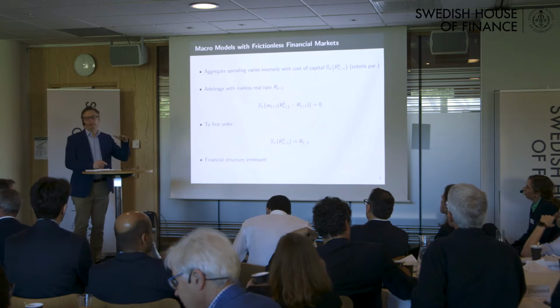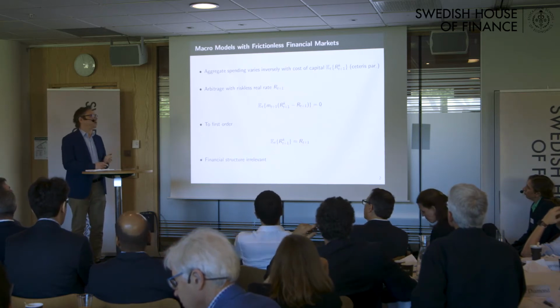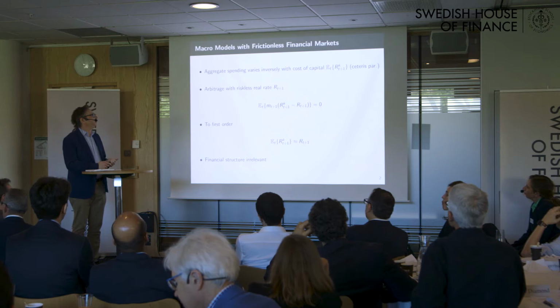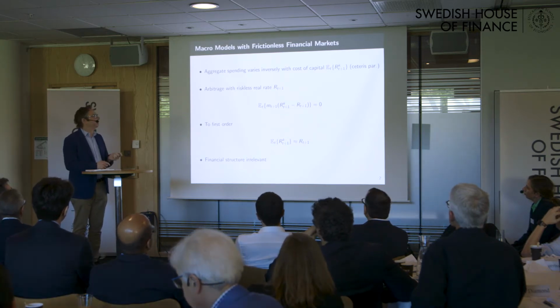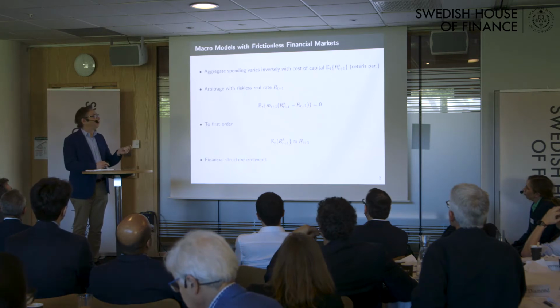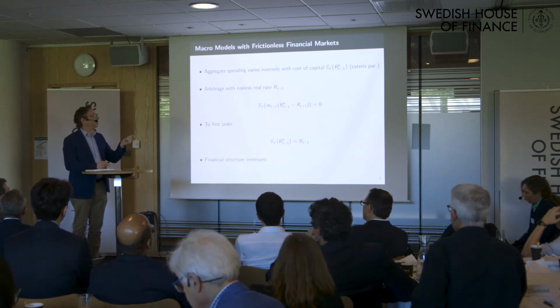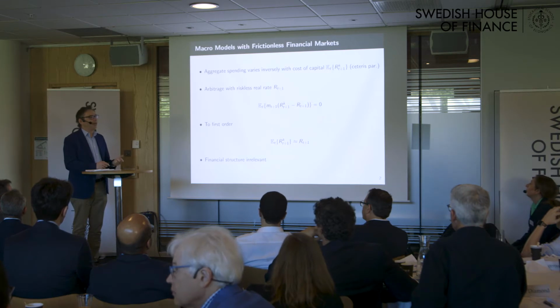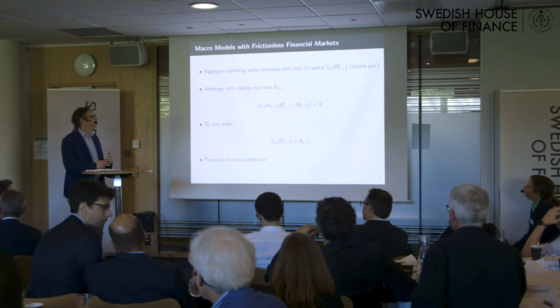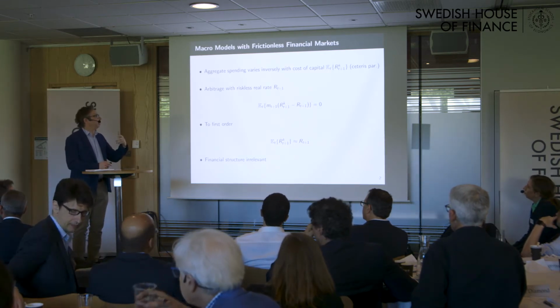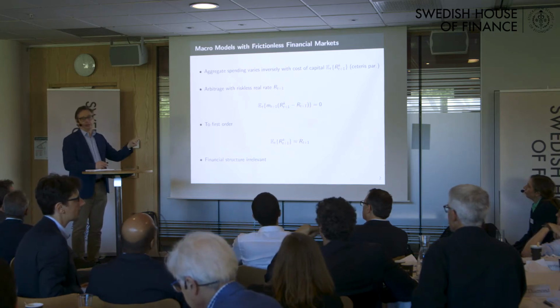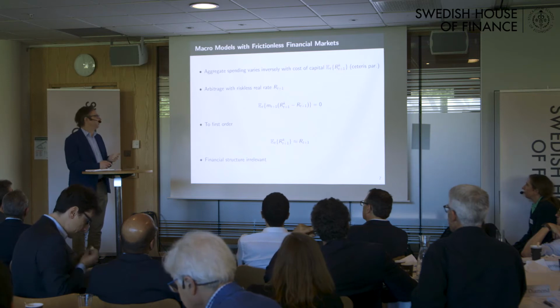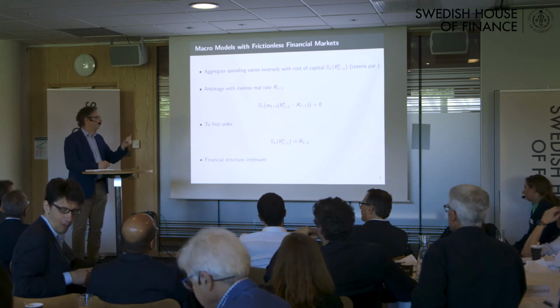All right, now it's useful to begin with what goes on in the standard models. And here, to a first degree, everything else equal, aggregate spending varies inversely with the cost of capital, where expectation of RK is the required return to capital. Now, because financial markets are frictionless, arbitrage is going to drive the discounted excess return of capital over the riskless rate to zero, where M is the stochastic discount factor.